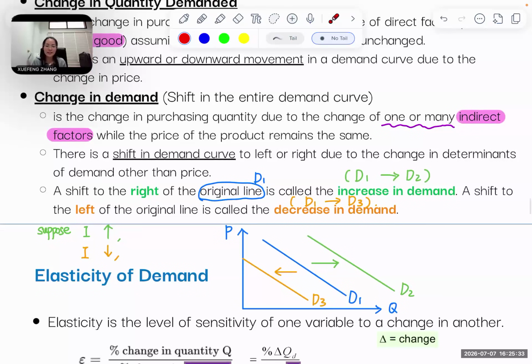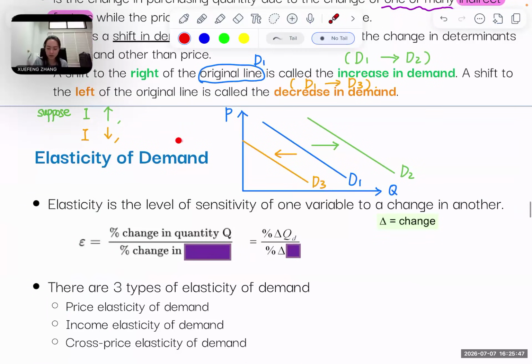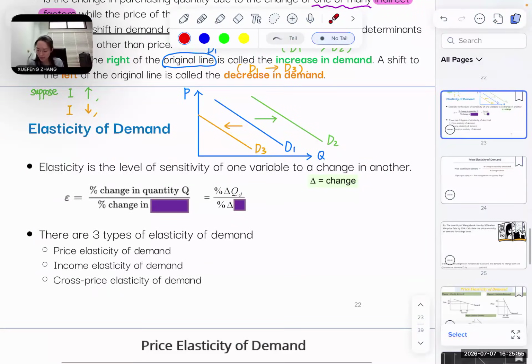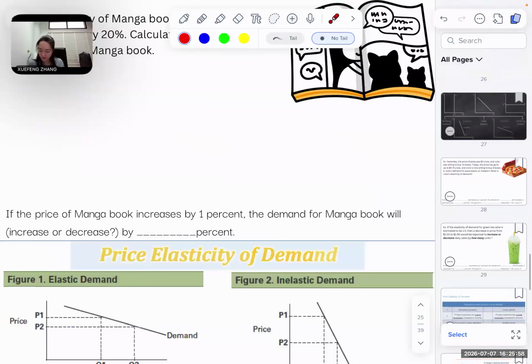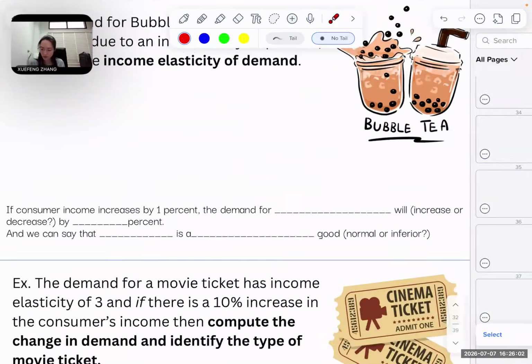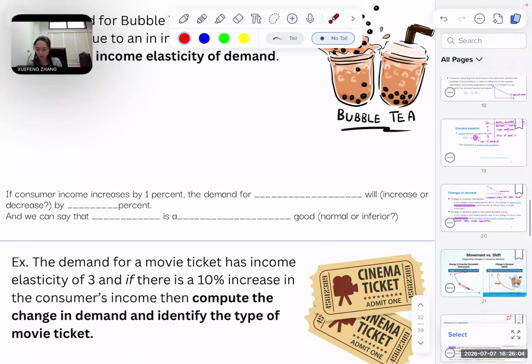That's all I want to cover up to now. We will see each other this Thursday, and I'm going to continue with the next topic, which is elasticity of demand. For this topic, we have many exercises, so I want you to discuss with your group and your friends.